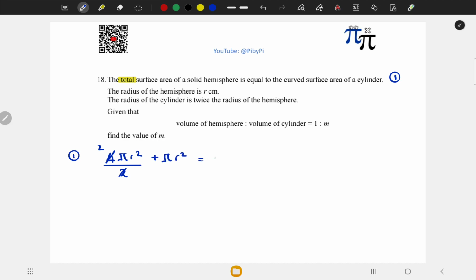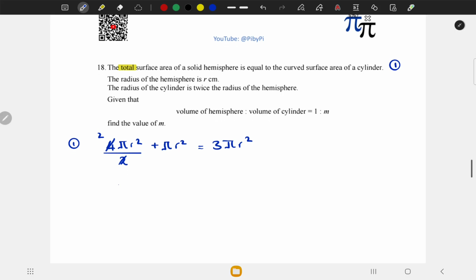So if I'm looking at the hemisphere, the total surface area is going to be 3 pi r squared. All right. Now you're being told the total surface area of the hemisphere is equal to the curved surface area of a cylinder, and that one is gotten as 2 pi rh.